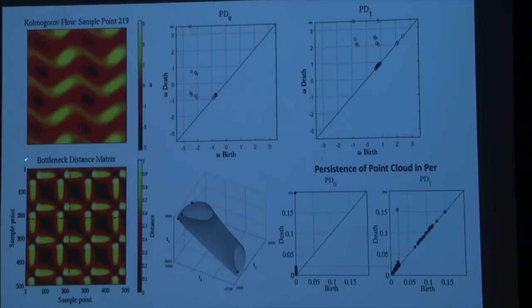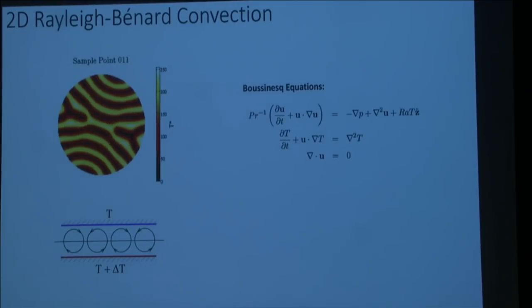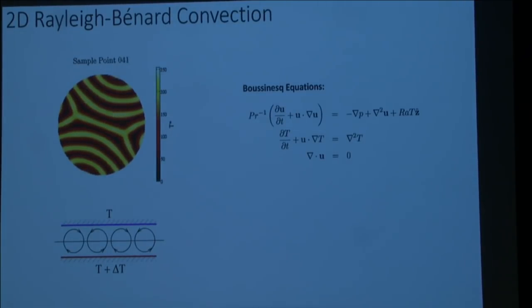So you see this black line along the diagonal is distance 0. That's because every point is distance 0 from itself. Right, but what's the scale on that picture? It's normalized to 1. So bottleneck distance is 1. Anyway, I want to make sure we get to the exciting stuff at the end, because I promised I would get to the end.